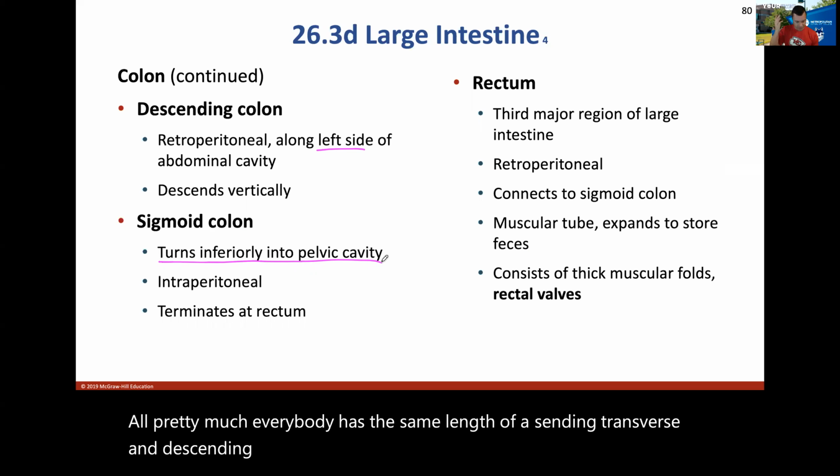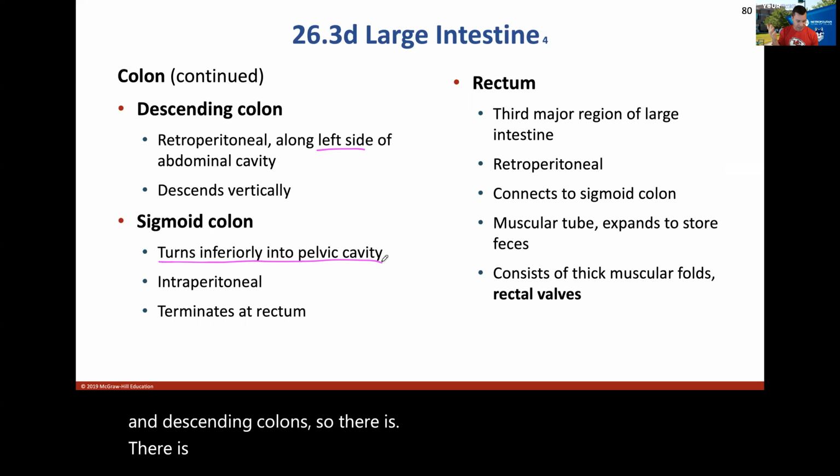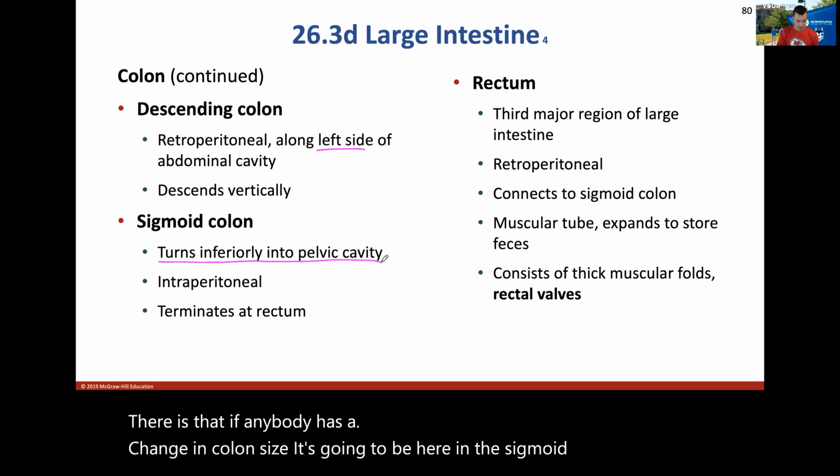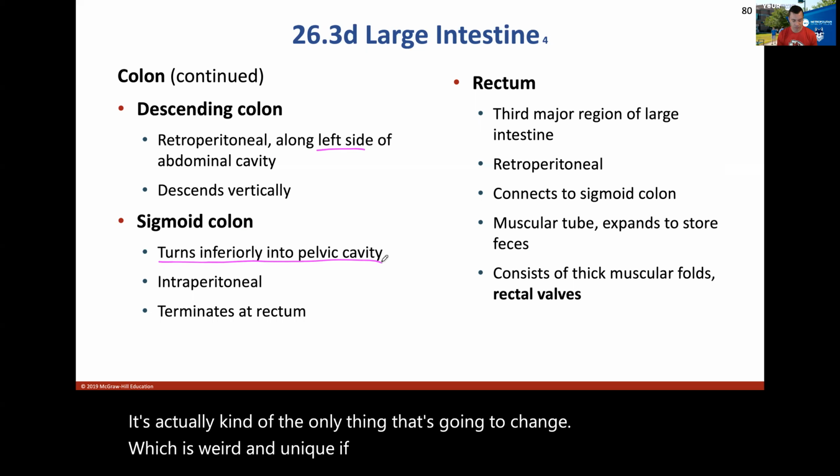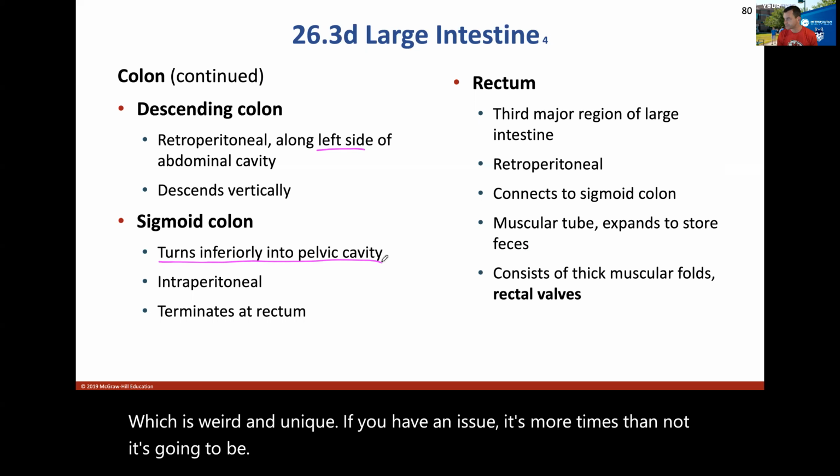If anybody has a change in colon size, it's going to be here in the sigmoid colon. It's actually the only thing that's going to change, which is weird and unique. If you have an issue, more times than not, it's going to be the sigmoid colon.